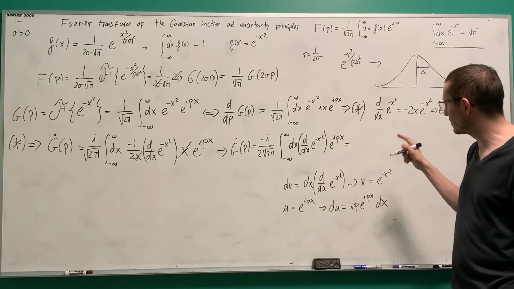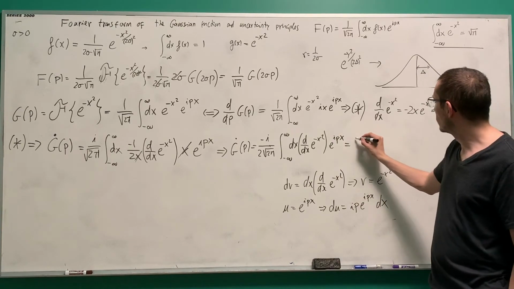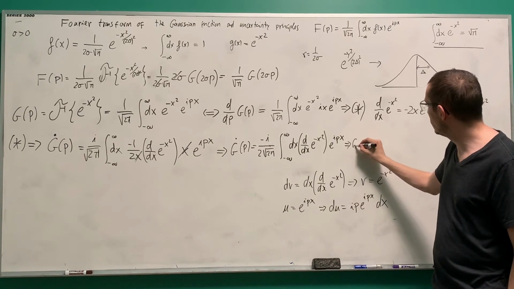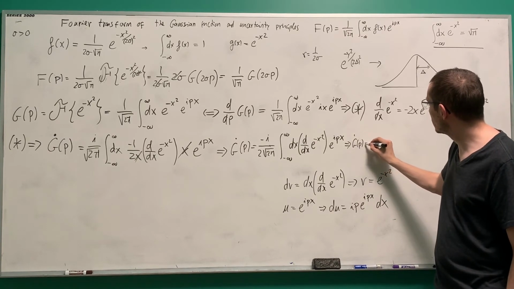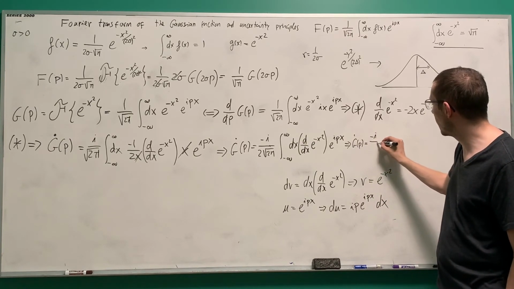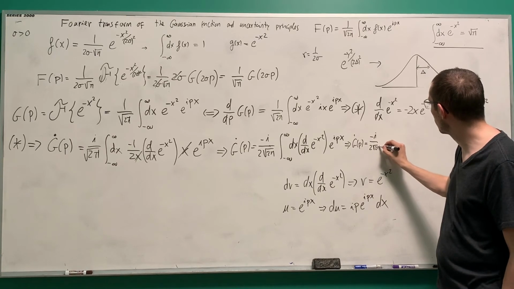We implement the integration by parts now, and we get, let's write it, g dot of p is equal to the constant is the same, minus i over root 2 pi.